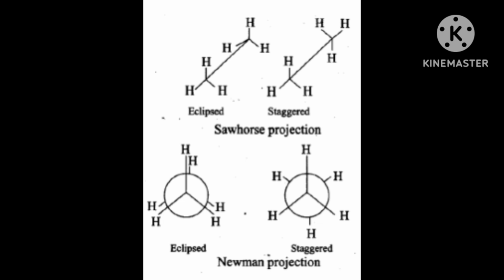I will try to send both diagrams. And in both cases the same applies to Newman: you will get that the angle will be 120 degrees to each other, okay. So this I have told you about conformation.